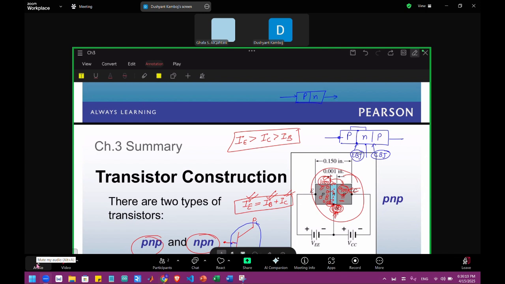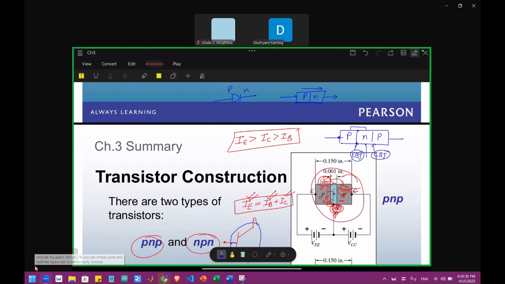Like this. And current is flowing in which direction inside the diode? The current is always flowing from P to N.